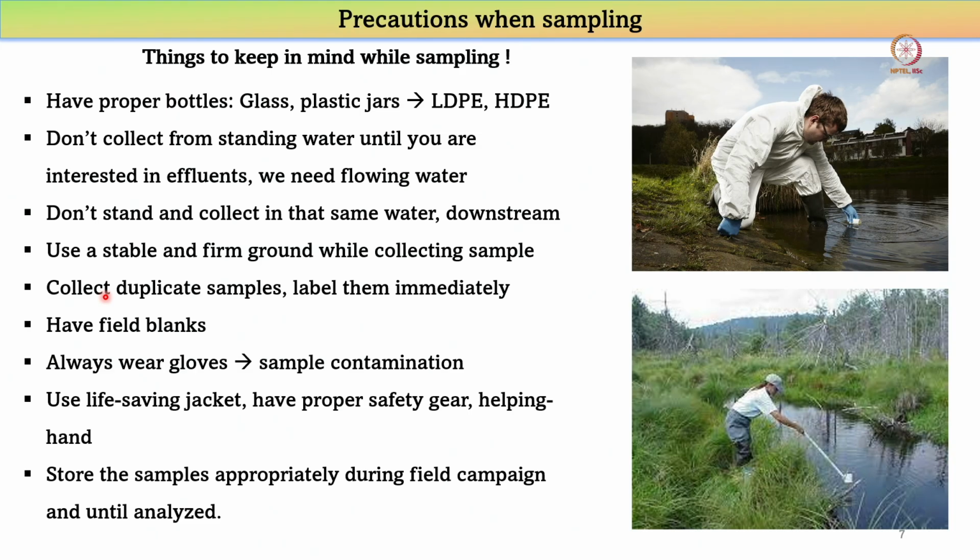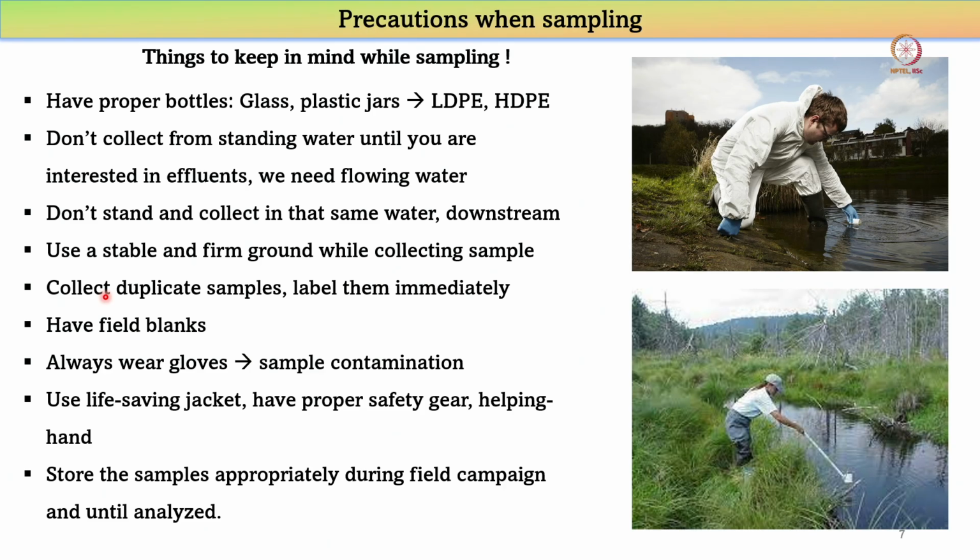Sometimes it can happen that the date is getting rubbed off and you have only the number, or the number is rubbed off and you have only the date. So you should use proper methods, use permanent markers, use sellotapes and all that, so that samples are there. And with duplicate samples, sometimes it so happens that some bottles get broken or leaked and the sample is lost. So all that kind of precautions has to be taken.